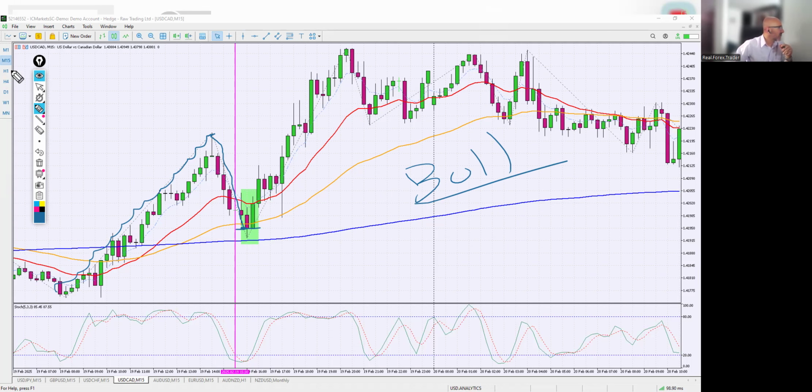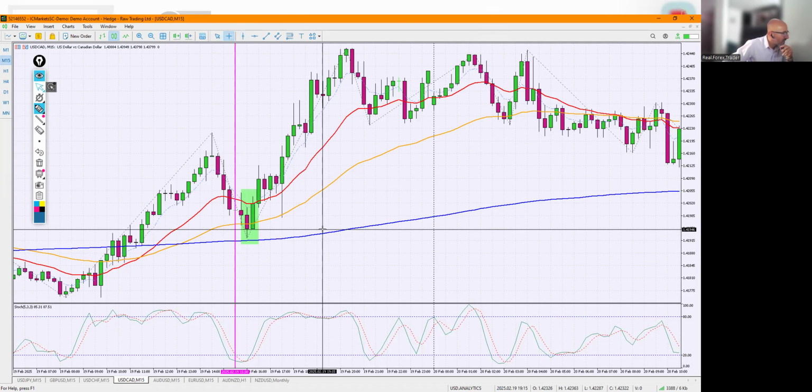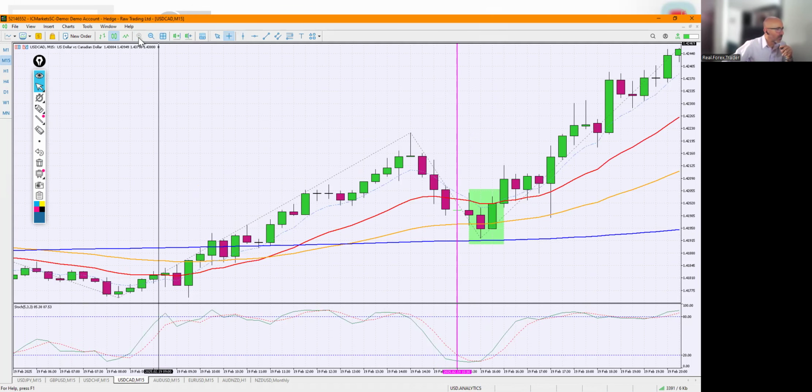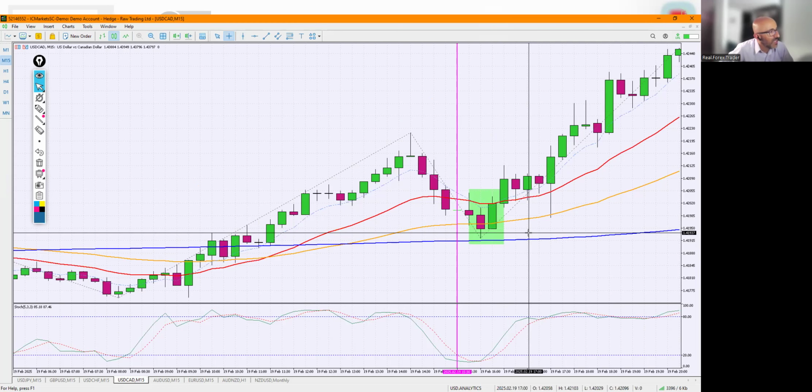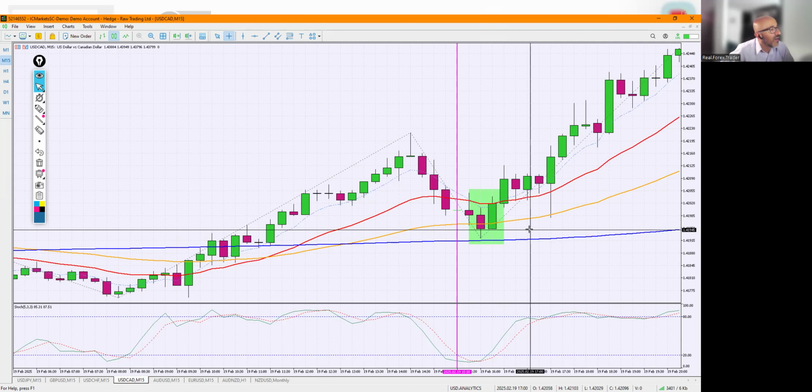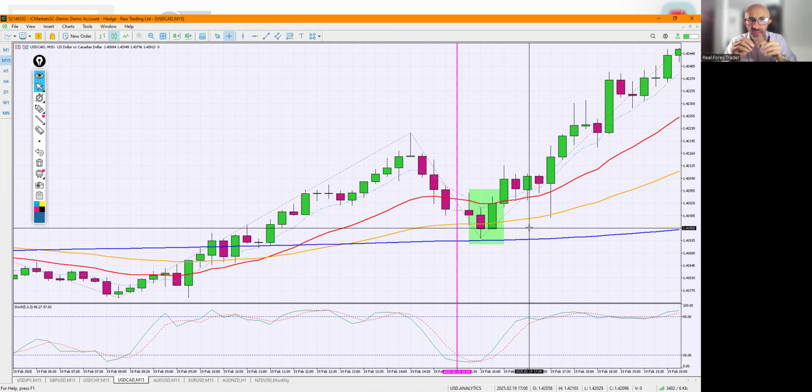So let's cross some lines here. If I use my crosshair, let me zoom in for you too. Okay, look at this. If I zoom in here, you see the instruction is nearly the same opening and closing, or exactly the same.